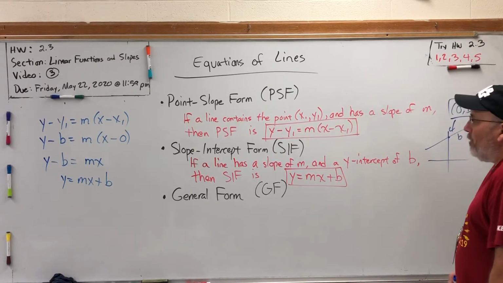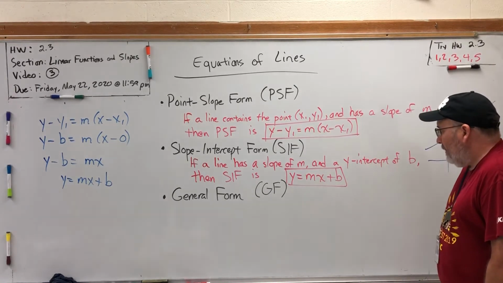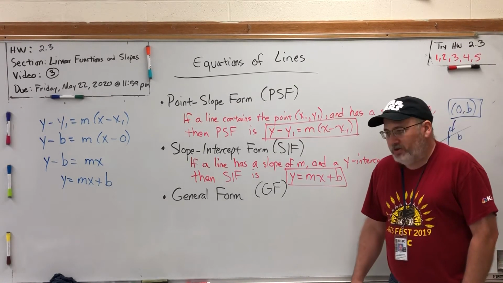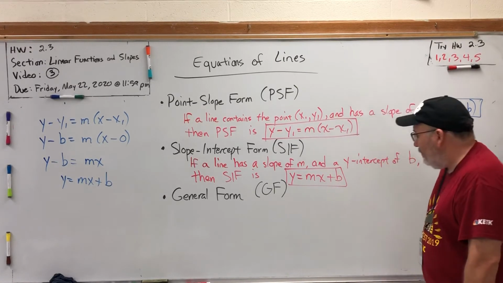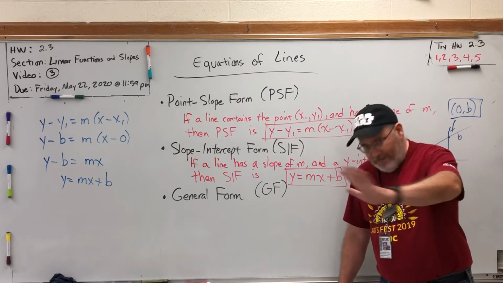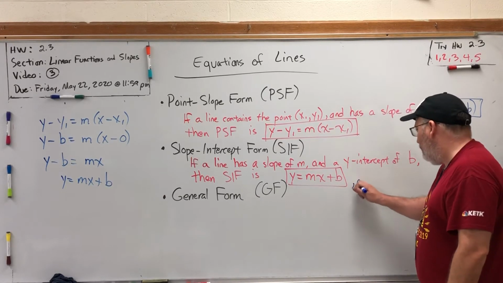It's at this point where I want to introduce to you what a linear function is. If you recall that a function takes in an x value and returns a y value, in any equation ever, you can replace y with f of x.